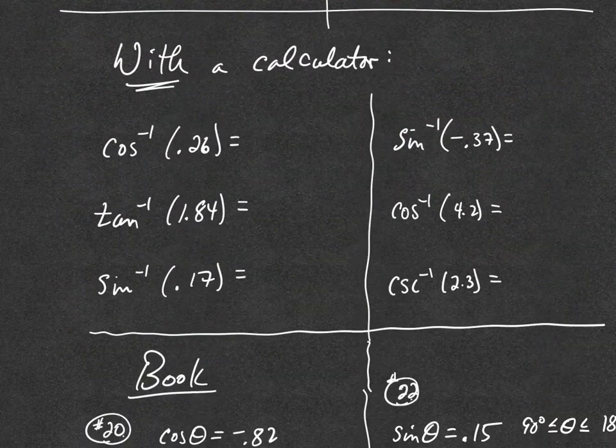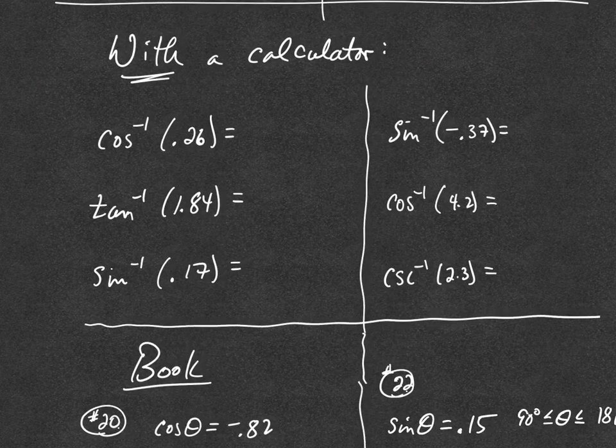Now, I also need you to be able to do this with your calculators. So now I need you to get your calculator out, and we're going to find angles whose cosine is 0.26 as an example.